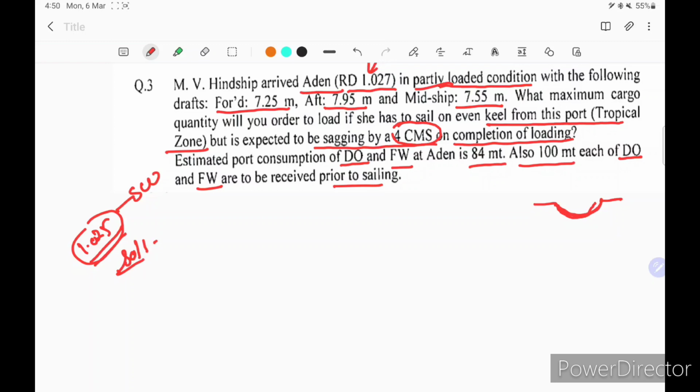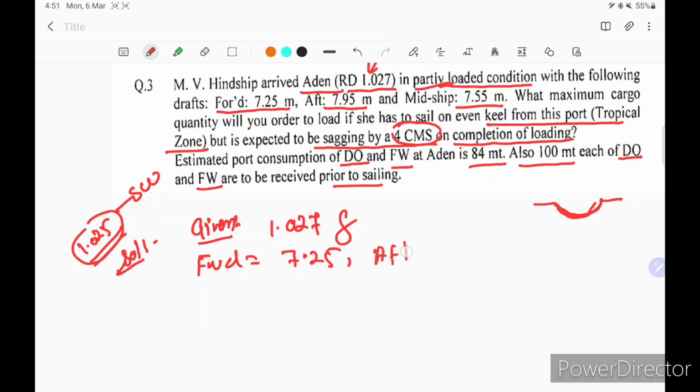So first, what is given in the question? Given density 1.027. Forward is 7.25, aft is 7.95, mid is 7.55, so we'll calculate the trim here. The trim is 0.7 meter.